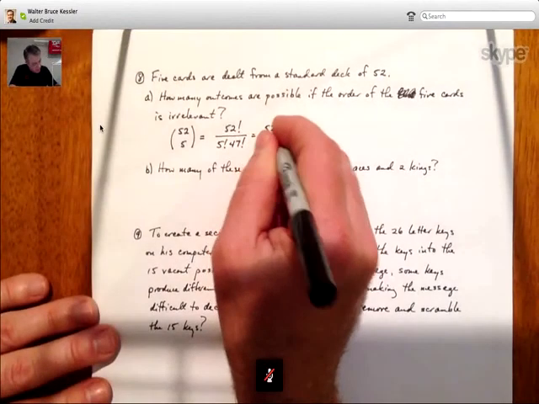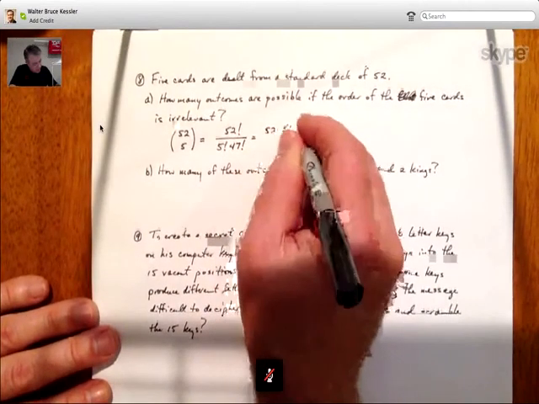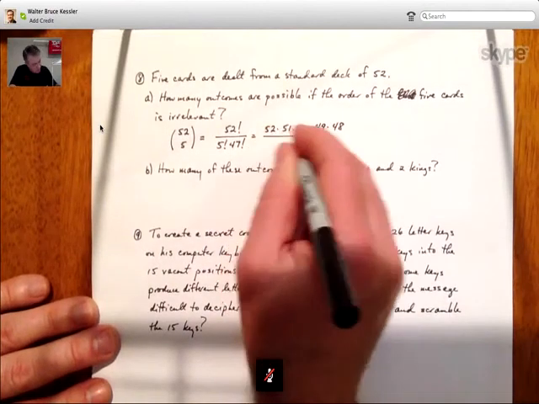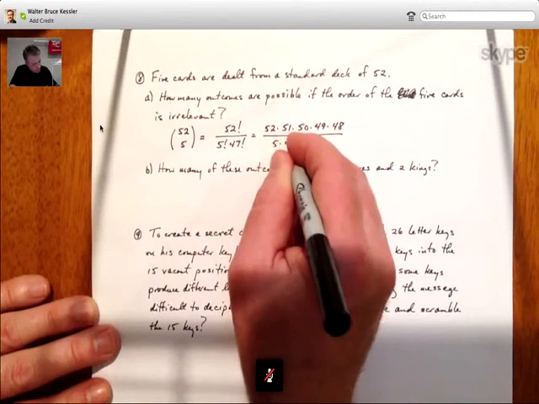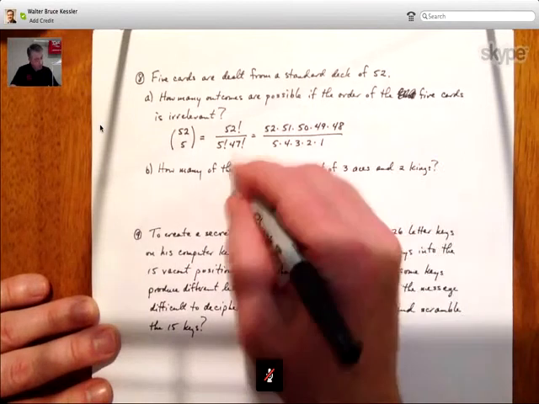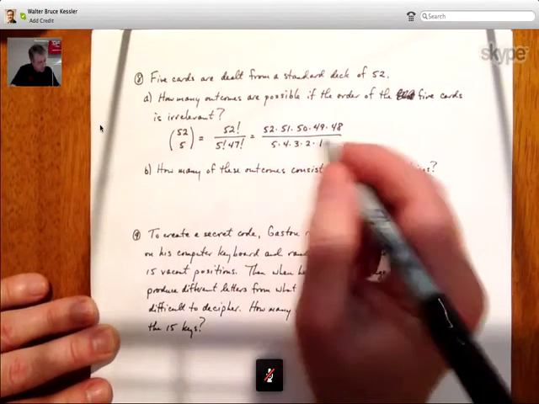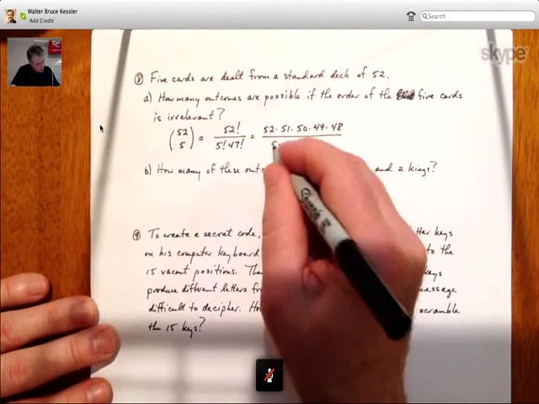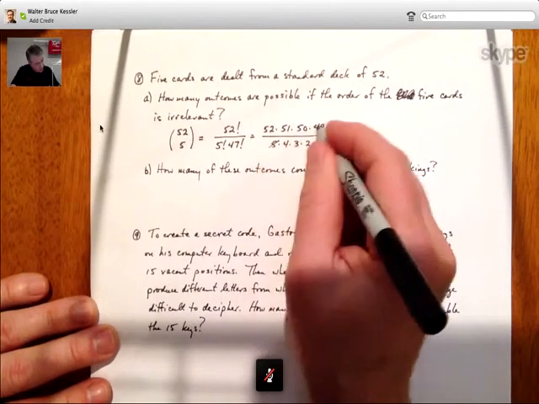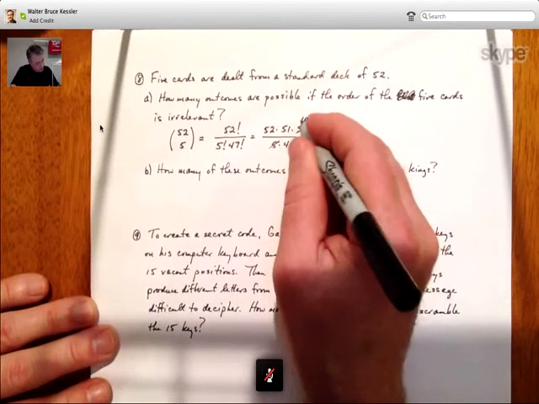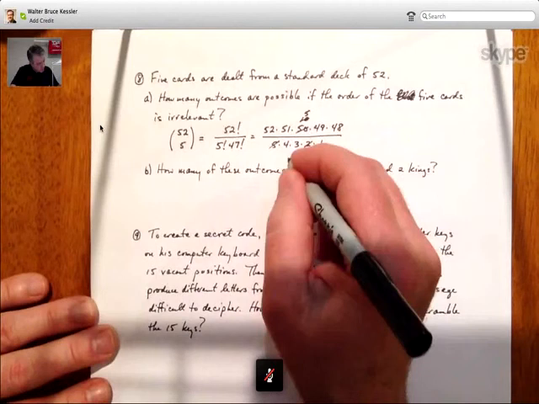So this is 52 times 51 times 50 times 49 times 48, and then 5 times 4 times 3 times 2 times 1. And the 47 factorials are canceled out. So let's see, 5 times 2 is 10. 5 goes into 50 10 times, and then 2 goes into that 5 times.